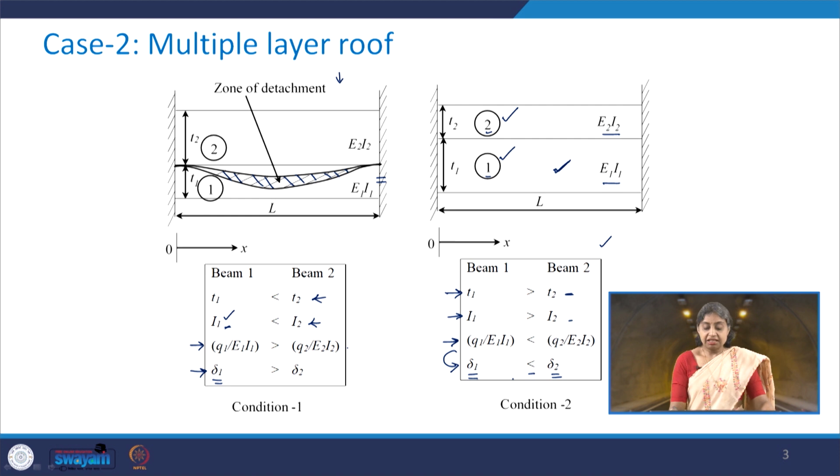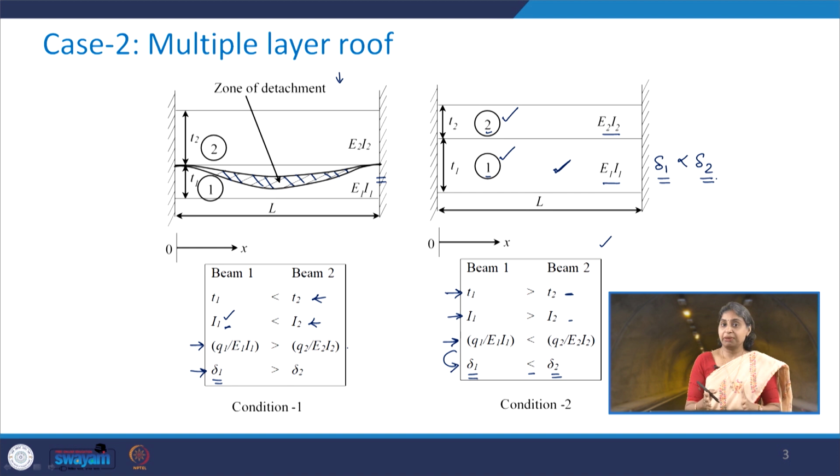That means the deflection of the lower beam, delta 1, is less than delta 2. So, what will happen in this case? There will not be any zone of detachment and both the beams will deflect together, because delta 1 is less than delta 2.